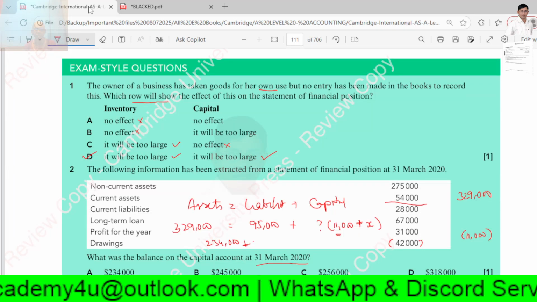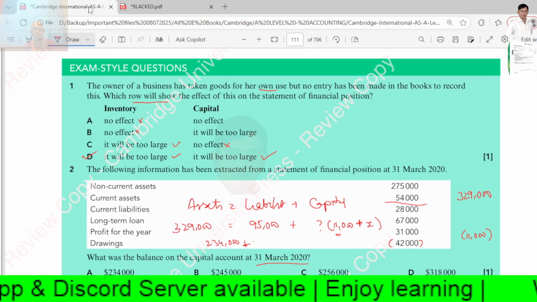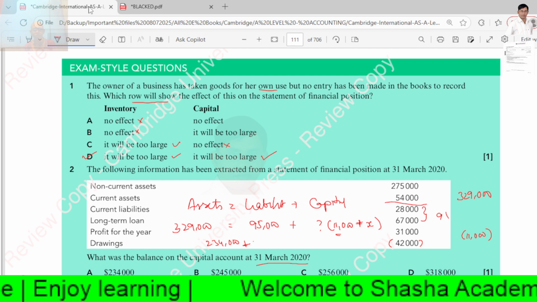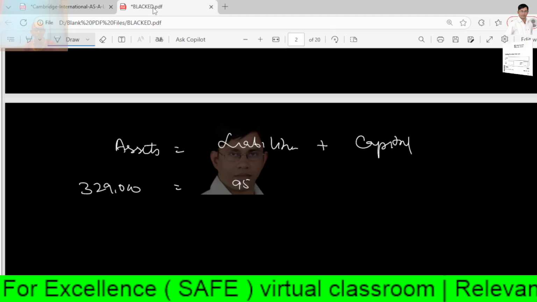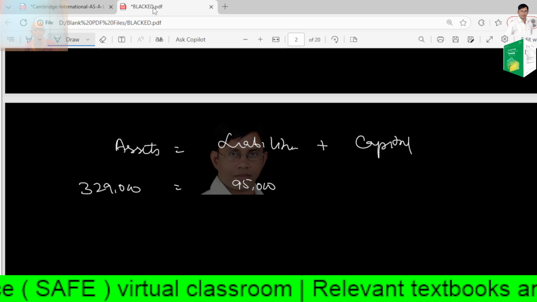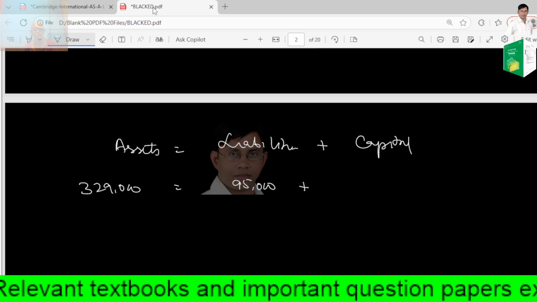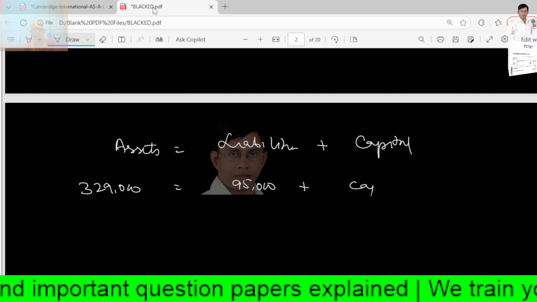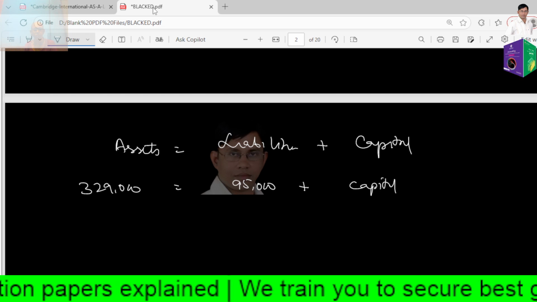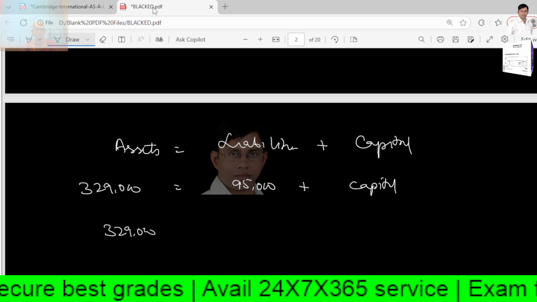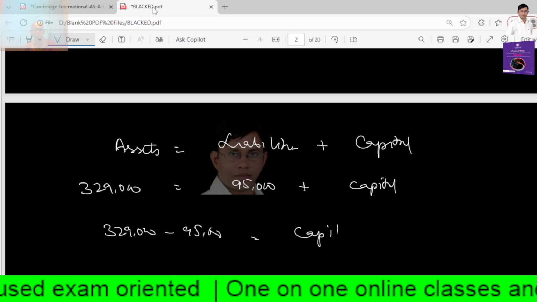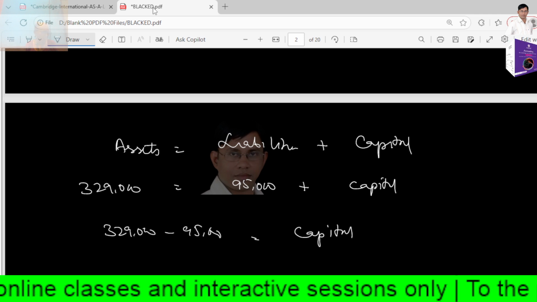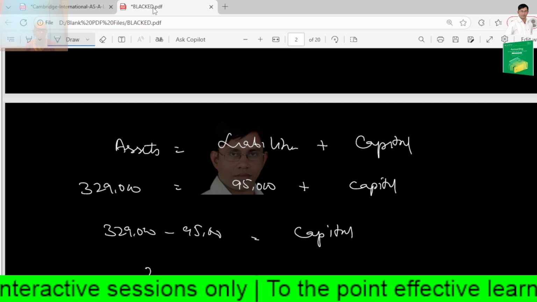Liabilities is this plus this, 95,000, plus capital we don't know, so we write it as capital itself. So now 329,000 minus 95,000 is equal to capital. So 329,000 minus 95,000 is 234,000. 234,000 is equal to capital.